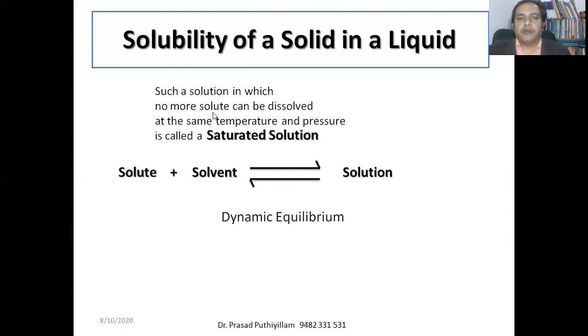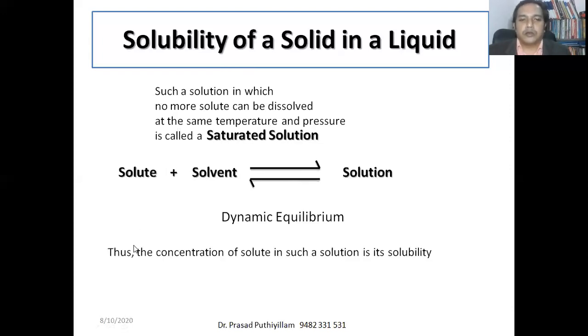So a solution in which no more solute can be dissolved at the same temperature and pressure is called a saturated solution. It is specified here: same temperature and pressure. That means if you vary the temperature and pressure, it may affect this dynamic equilibrium.